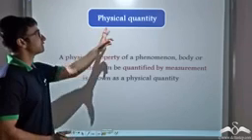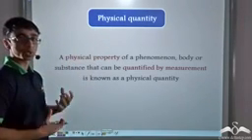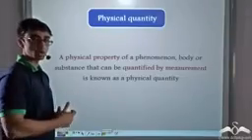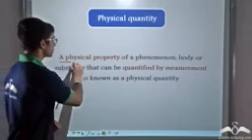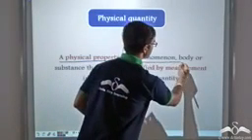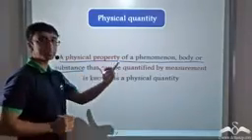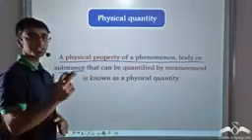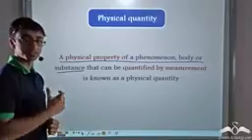So how can we define a physical quantity? A physical quantity is basically what we are measuring. Let's say the length of a block or the distance in between two huts. So physical quantity is a physical property of a phenomenon, body or substance that can be quantified by measurement. Now if I ask you a question that can you measure the amount of love that your parents give you?